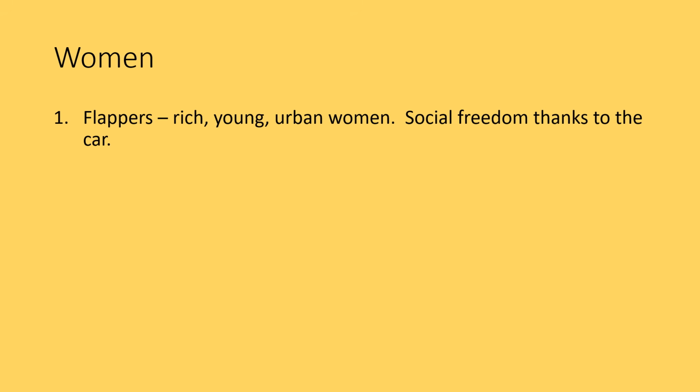You would identify them smoking out in public, drinking in public, and also a big thing for this time, this idea of going out without a chaperone, so someone who would be there to watch and make sure you were behaving yourself. Very much something for the rich, young, urban woman. That's very much where the flappers would be.